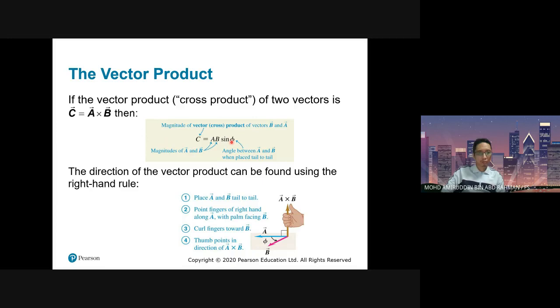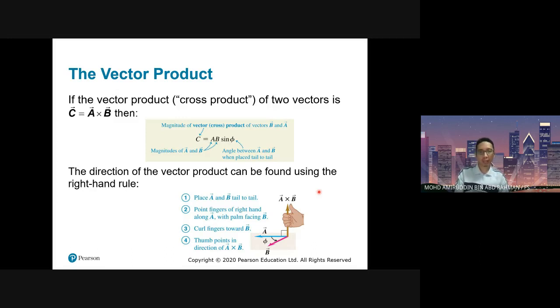The direction of the vector product can be found using the right hand rule. We need to find out what the direction of vector C is.